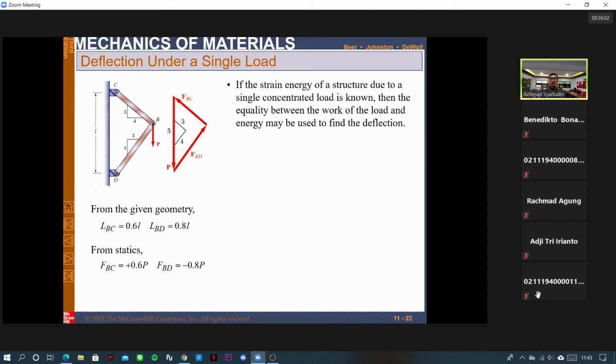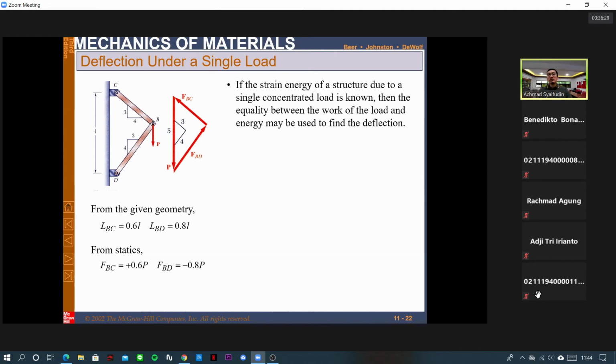Yeah, if the strain energy due to a single concentrated load is known, then the equality between the work of the loads and the energy may be used to find the deflection. This is the concept or theorem.